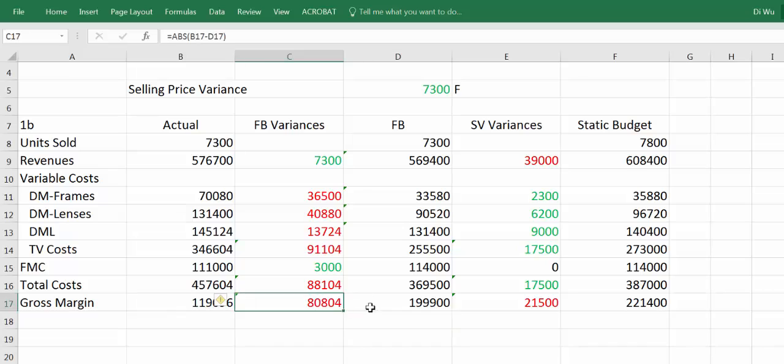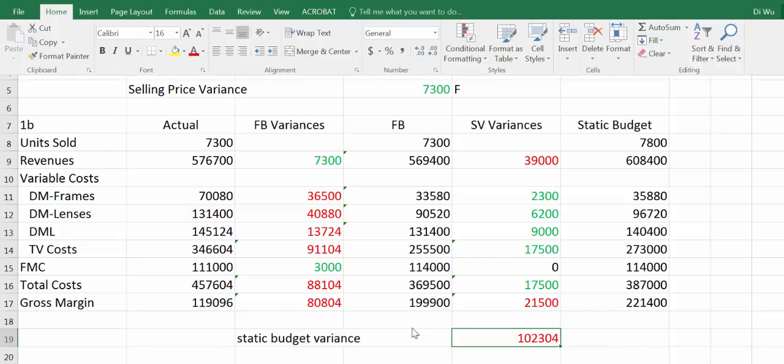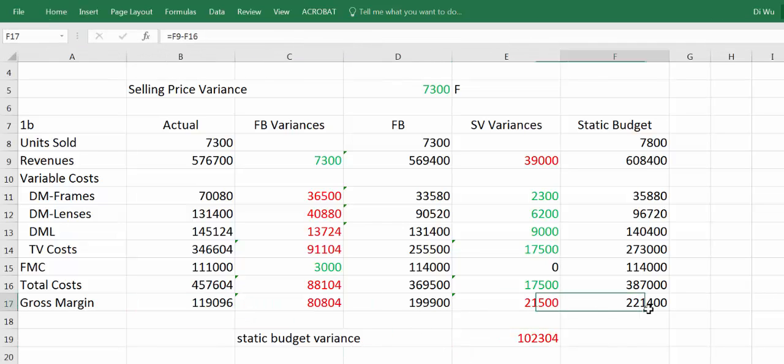Also, if you add these two numbers, that gives you what we call the static budget variance, which is the result of this number added to that number. The static budget variance is 102,304, and that's unfavorable. Or you can find the difference between these two numbers.